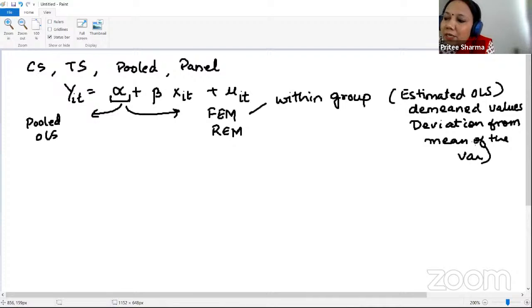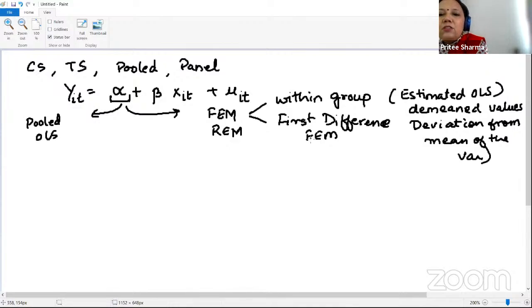Then the other method that we also use, in the same way, is another way to do it, and that is known as the first difference fixed effect model.